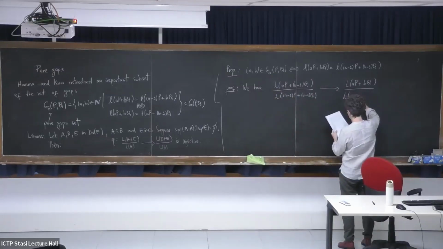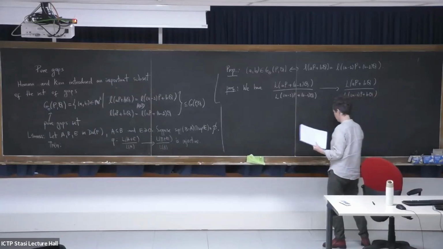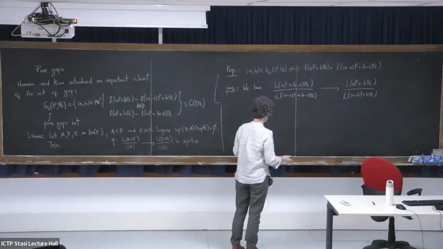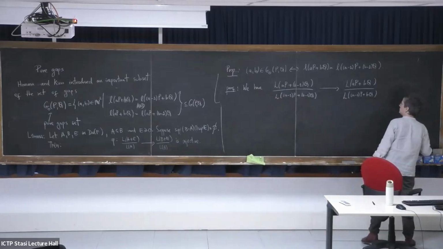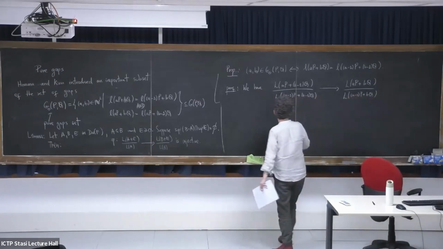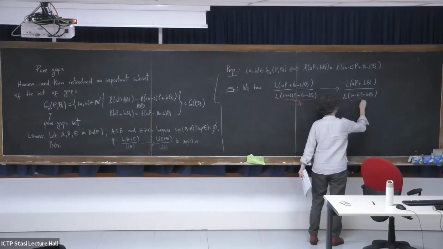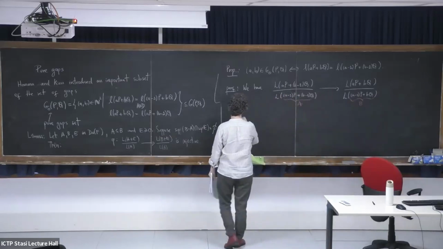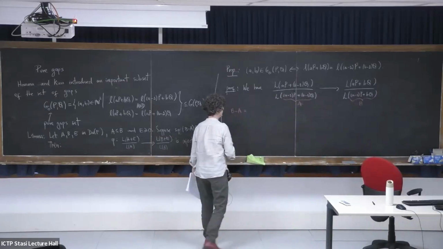So here we put the same thing. And now, well, you can think that this is divisor A, this is divisor B. So when you do B minus A, what do you have?